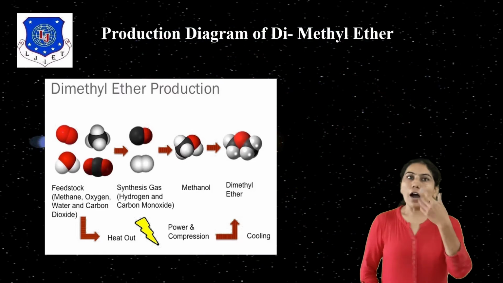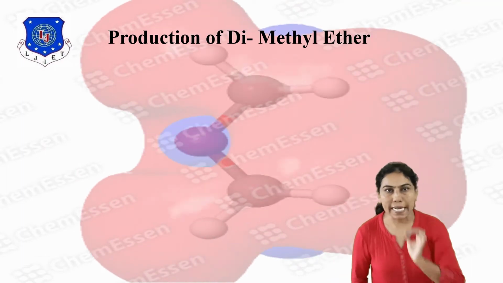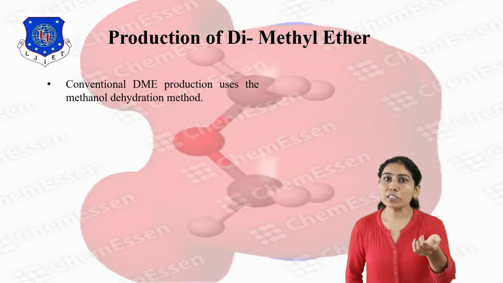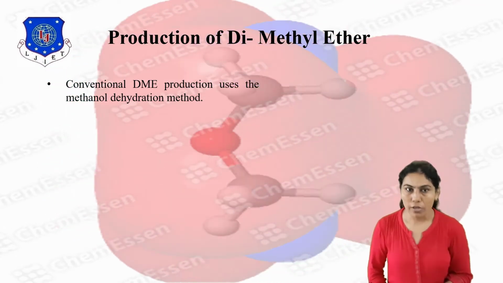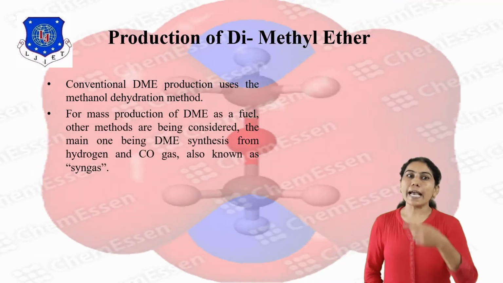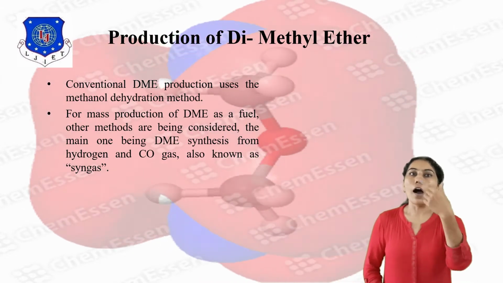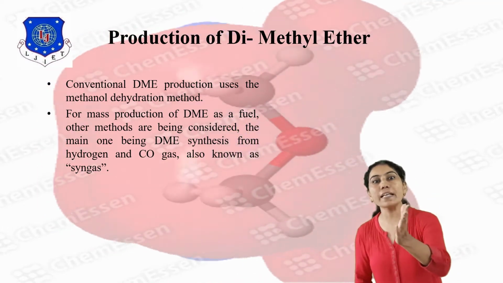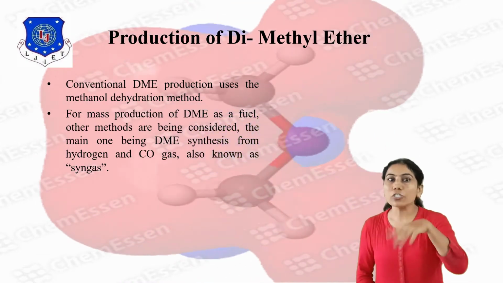Okay. Then another point is the production of dimethyl ether. Which step? The first point is conventional: DME production uses the methanol dehydration method. The second point is for mass production of DME as a fuel, another method is considered, the main one being DME synthesized from hydrogen and carbon monoxide gas, known as synthetic gas.